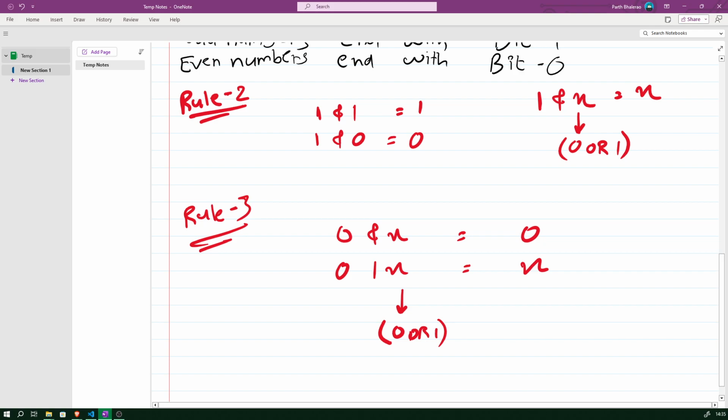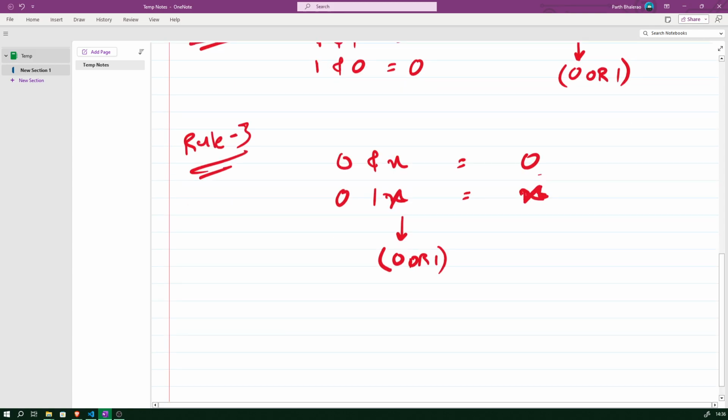So while doing AND with 1, whatever bit you use, the answer is the same bit itself. However, 0 AND x gives 0, and 0 OR x gives x. Perfect.